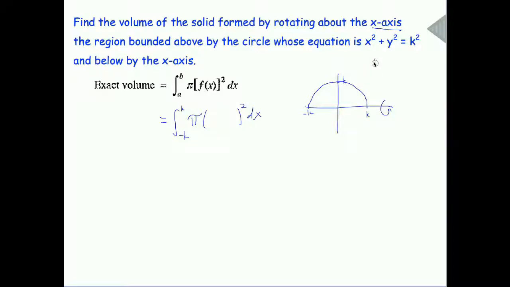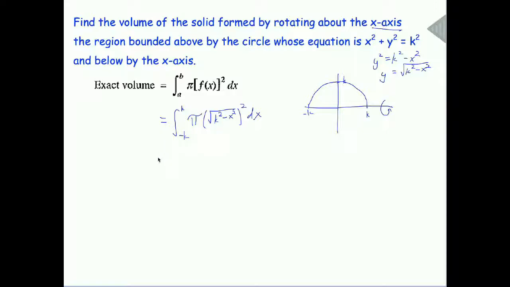So we would have y squared, so subtracting x squared from both sides is k squared minus x squared, and taking the square root of that, we get y equals the square root of k squared minus x squared. And we can put that in. k squared minus x squared. Remember, k is just a constant.